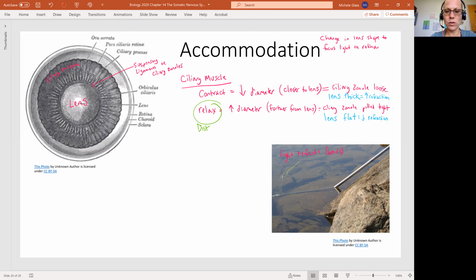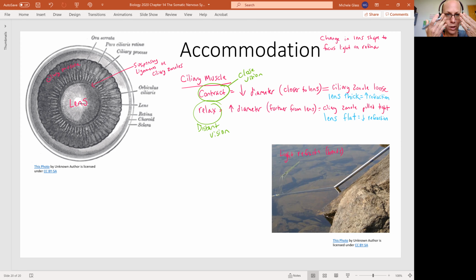We say distant vision. So when you're looking at something far away, the ciliary muscle will be more relaxed so that your suspensory ligaments are pulling tight on the lens. The lens is nice and thin, and there's not as much refraction, not as much bending. And so those wavelengths are nice and long, and they hit at your fovea, and you get a nice focused image.